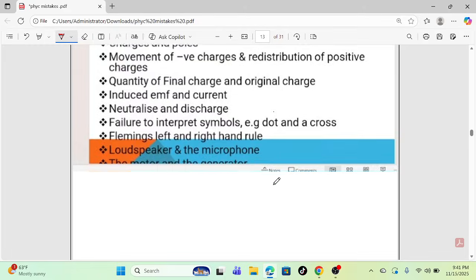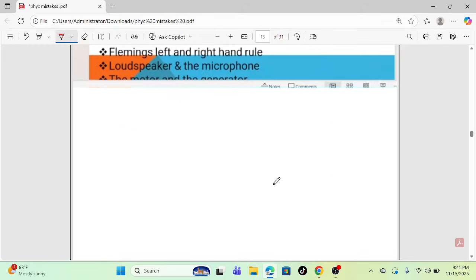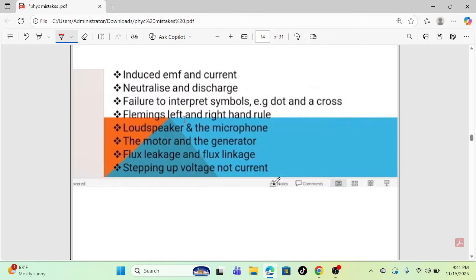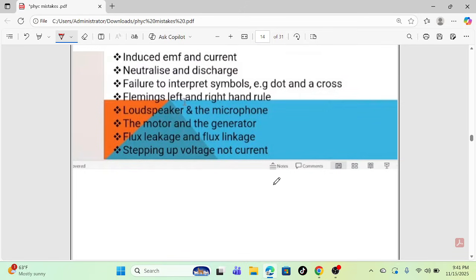Loudspeaker and microphone are different. Also the motor and the generator are different. Flux leakage and flux linkage are also different. Stepping up voltage, not the current. We don't step up current, we step up the voltage.